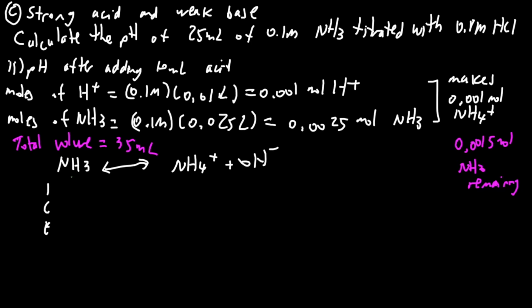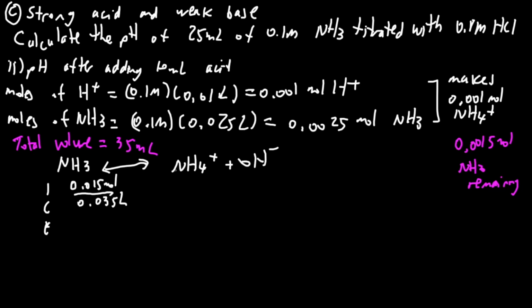For NH3, we have 0.015 mole of NH3 divided by 0.035 liters. I'm showing the micro calculations here for initial, but you can actually solve this ahead of time and just plug in the final concentration instead of breaking this down. But I'm breaking this down just so I know that I have incorporated the new volume change.